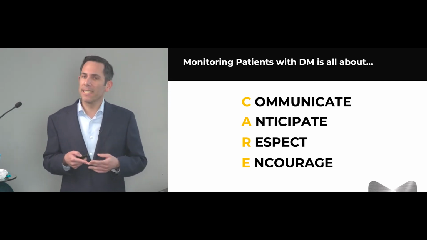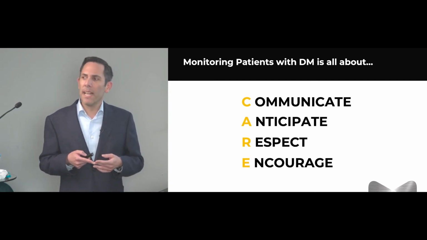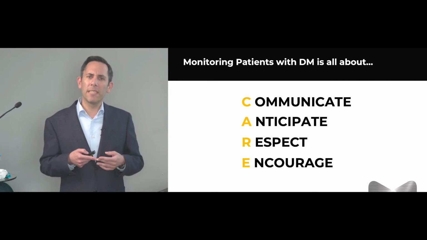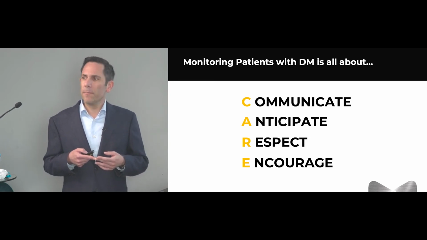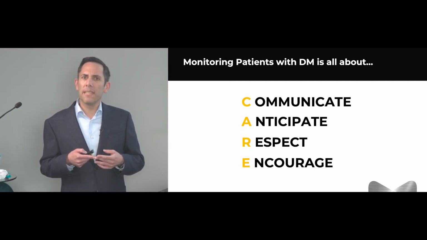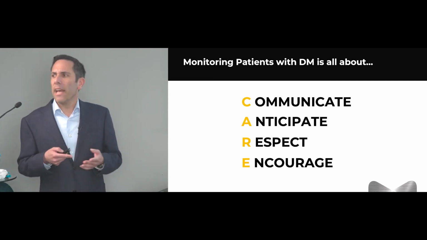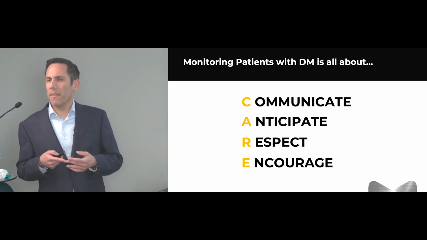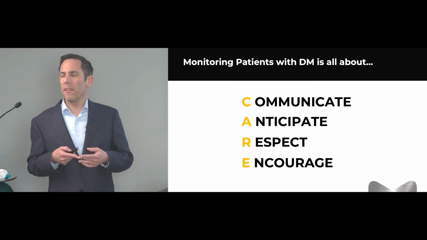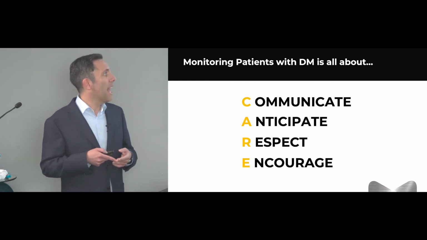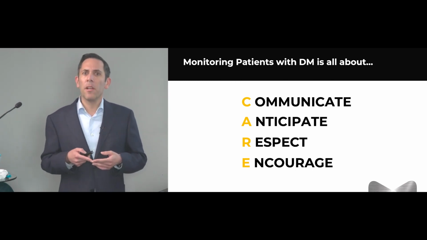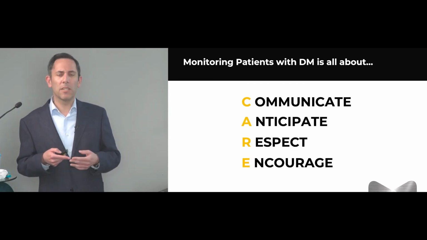R is respect, and respecting here is respecting patients' time. And I think we shouldn't overestimate what this respect is all about, because today we get so busy and patients have got so many activities, especially these teenagers, doing here, going there, and so respecting that time I think is really something we should never underestimate. And E is encourage, through motivation, through messages and so on.